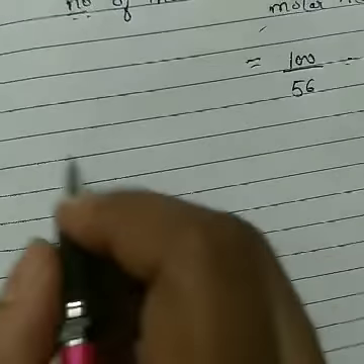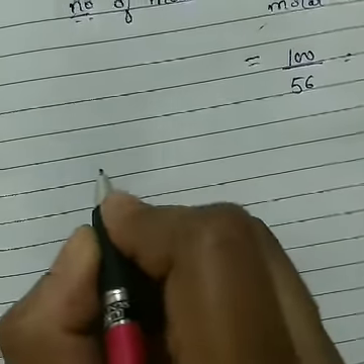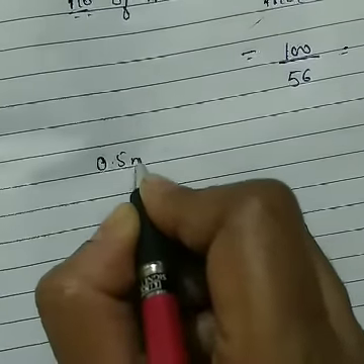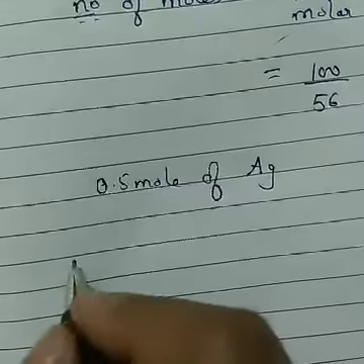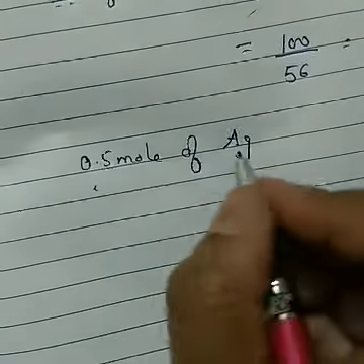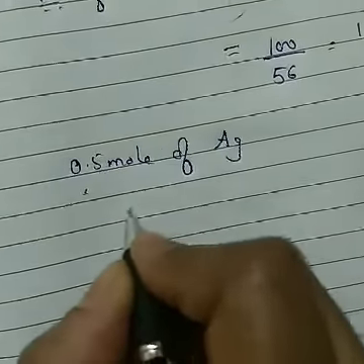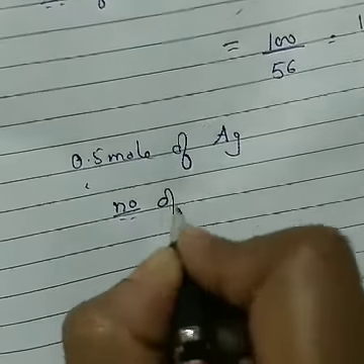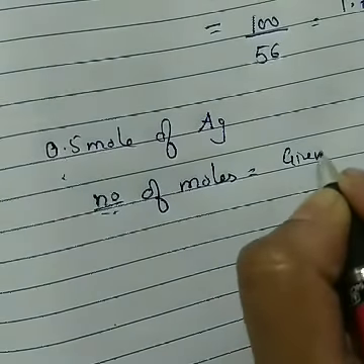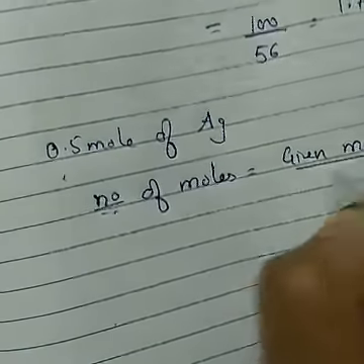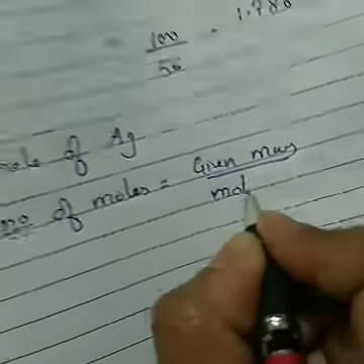Suppose they ask to calculate the mass of 0.5 moles of silver. You have to calculate mass. So what is the formula? Number of moles is equal to given mass by molar mass.